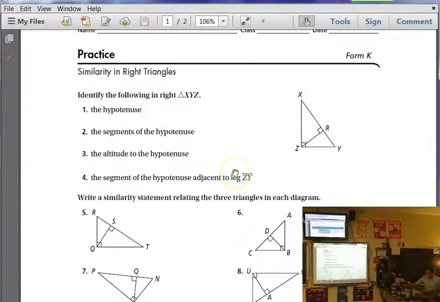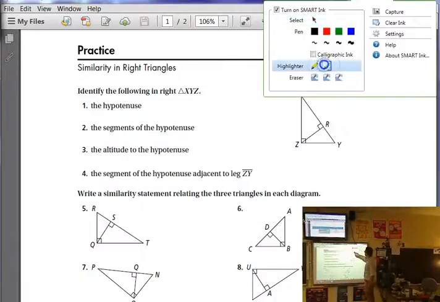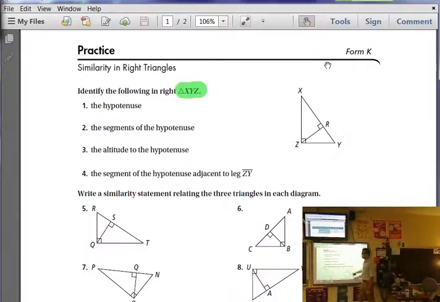What's a segment of the hypotenuse? What are you looking at? Like, RY is a segment of the hypotenuse, or XR is a segment of the hypotenuse. So if it's triangle XYZ, that's the big triangle. So the segments of the hypotenuse are XR and RY, because those are what make it up. This is asking, in triangle XYZ, identify the hypotenuse.